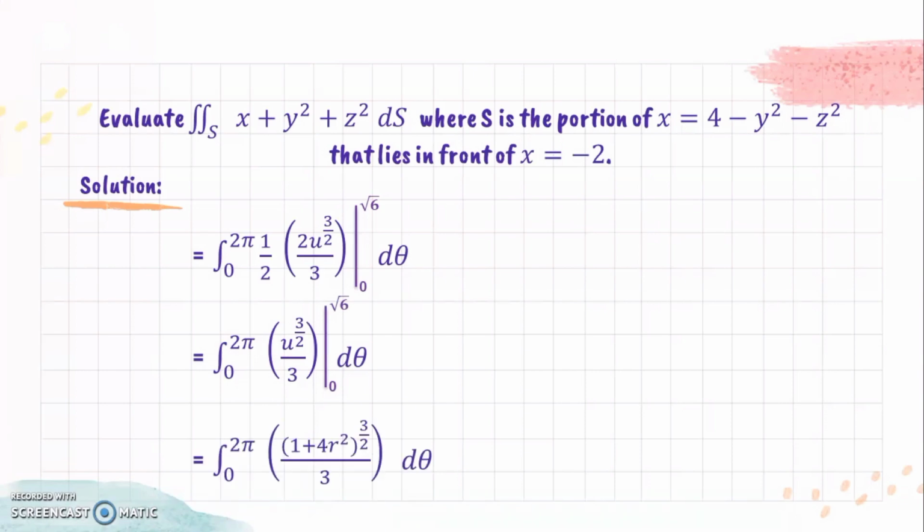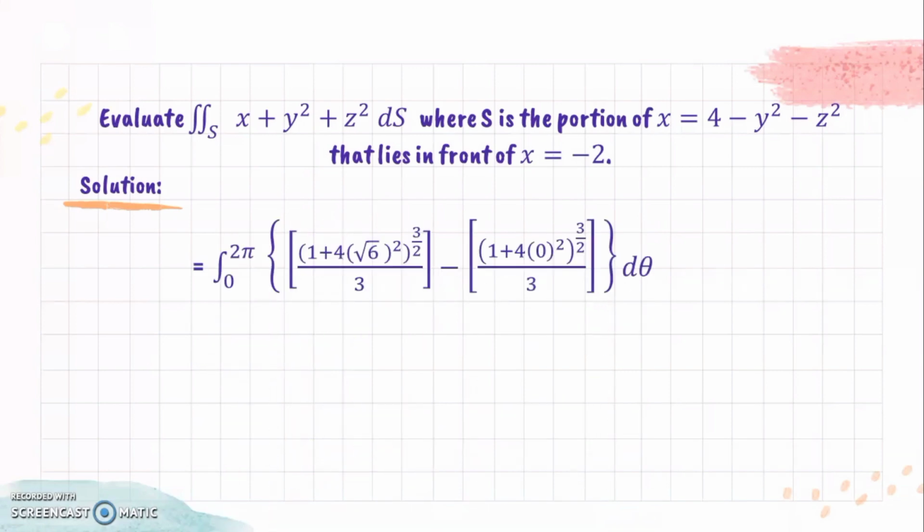Now that it has been settled, let's evaluate this from 0 to square root of 6. So, let's replace r with square root of 6. After the minus sign, let's replace r with 0. Again, let's do some basic algebra and simplification.